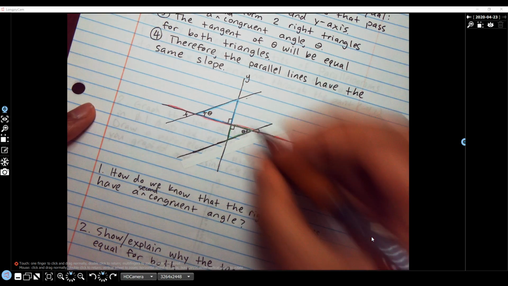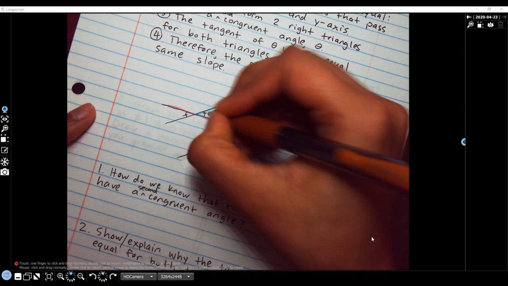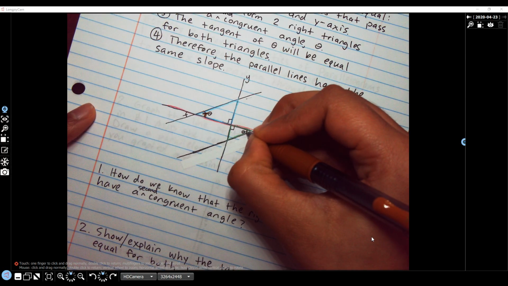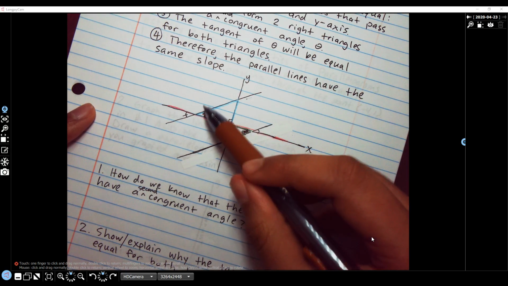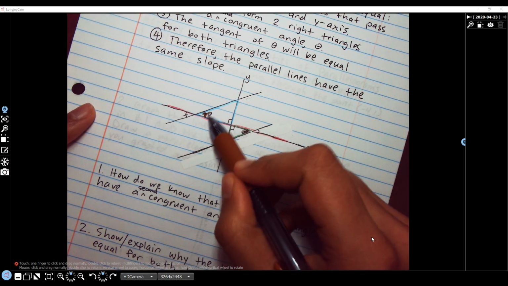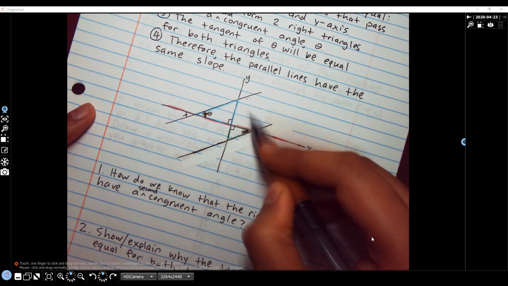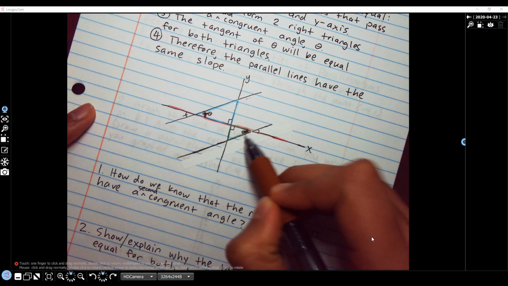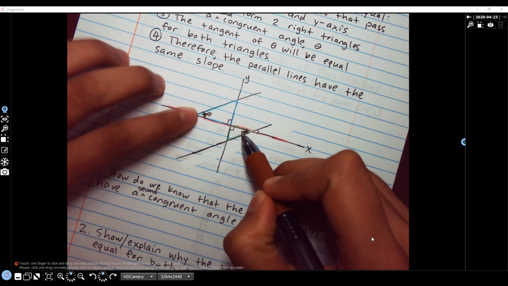And we can see here this angle and this angle are the alternate interior angles. They're just one set of alternate interior angles in this figure. So that is why we can say that theta, if we name this one theta, this angle over here will also be equal to theta because of that theorem, because these two are alternate interior angles.